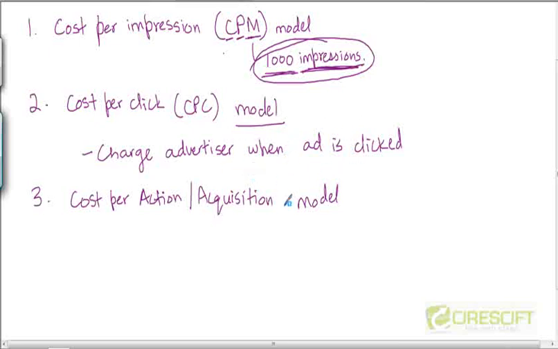But when somebody does something on the advertiser's website, maybe takes some kind of action, either entering some data, submitting a form, or buying a product, that is when the advertiser has to pay.